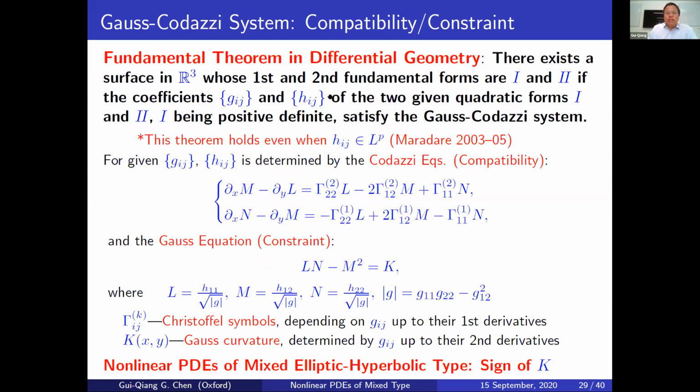In traditional geometry the test was sufficient smoothness, but this theorem is actually true as long as the second fundamental form is in L^p, with p bigger than the dimension.